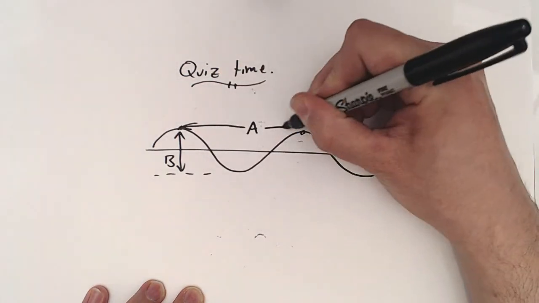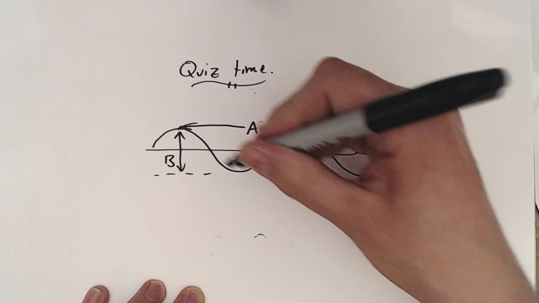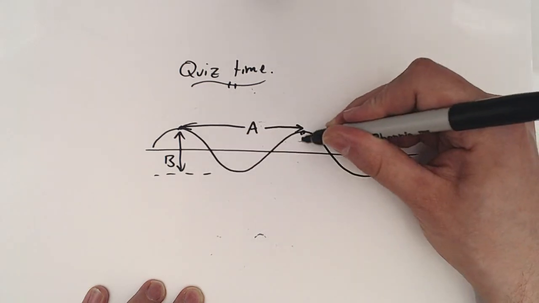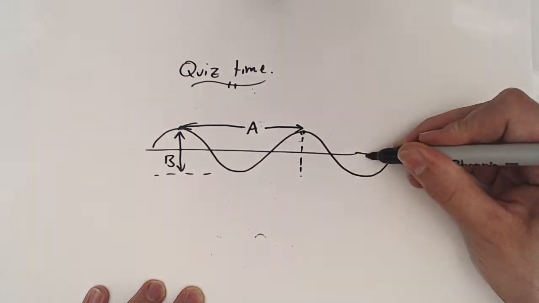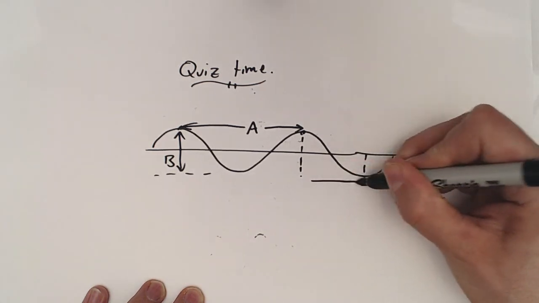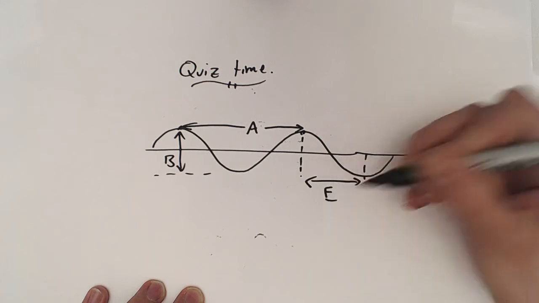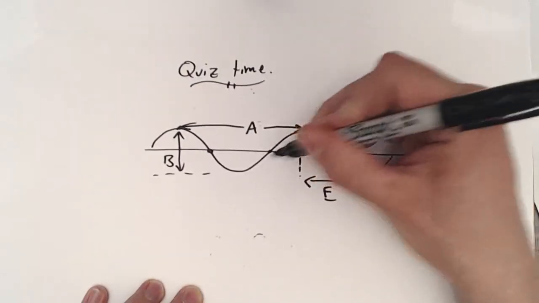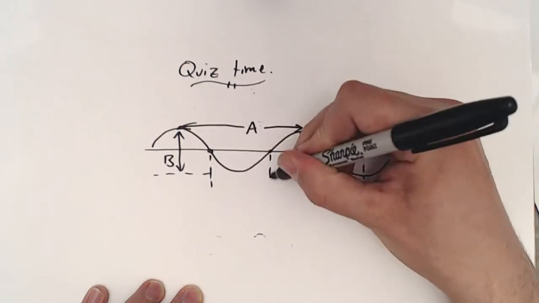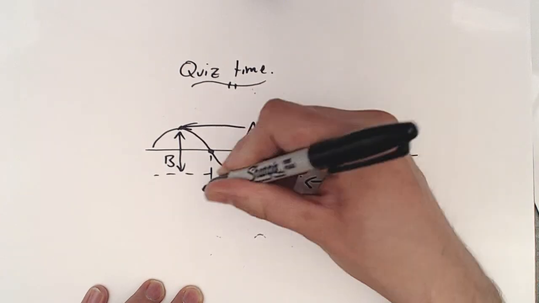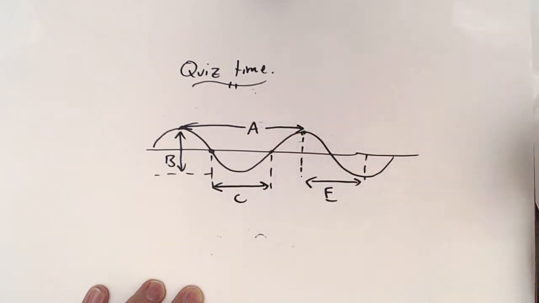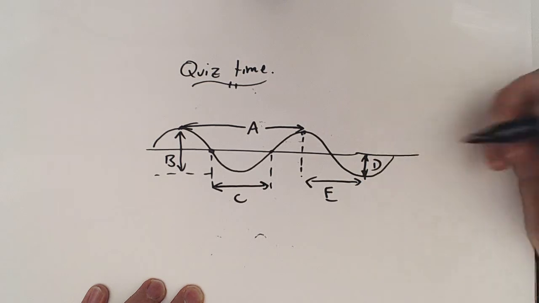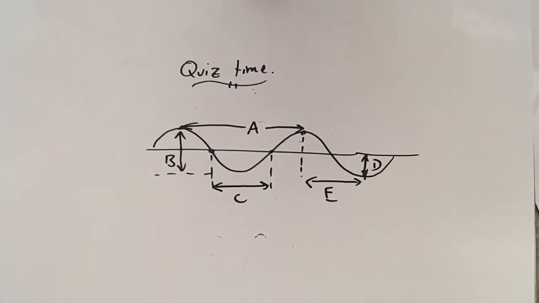Let's say that we could measure that and call it A. I want to measure from here to here, and I want to call this E. And from here to here, let's call that one C. And how about from here to here, we call that D. All right, so we've got this thing all mapped out.